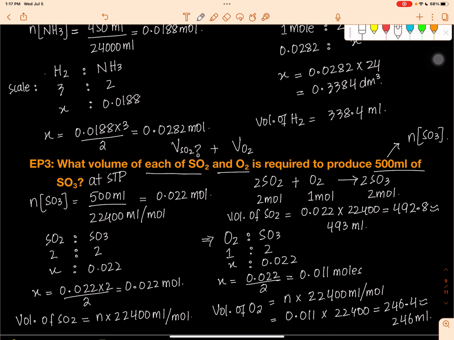But if we use a direct relationship, like working with 500 mL without converting it into the number of moles, we might end up with the wrong answer. So we need to work our problems in moles, and then interconvert into the grams or the volume that is required. Thank you.